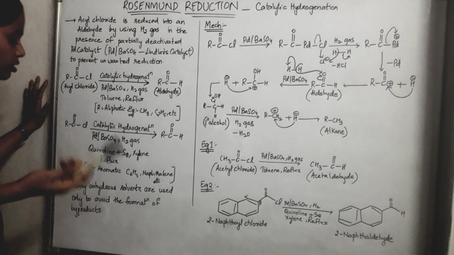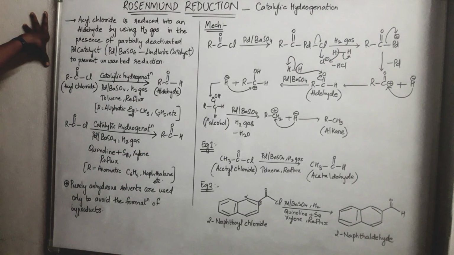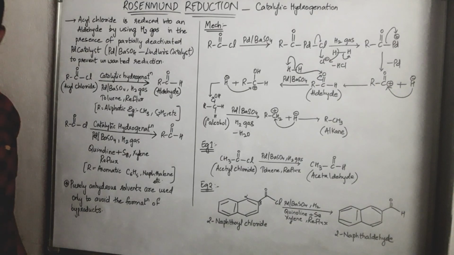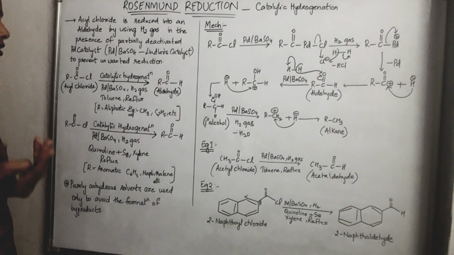and then on reflux we will be getting our aromatic aldehyde over here. So why are we using all these purely anhydrous solvents, which are toluene and quinoline? Only to avoid the formation of byproducts. Byproducts in the sense again our unwanted reduction products, which are a primary alcohol as well as alkanes.